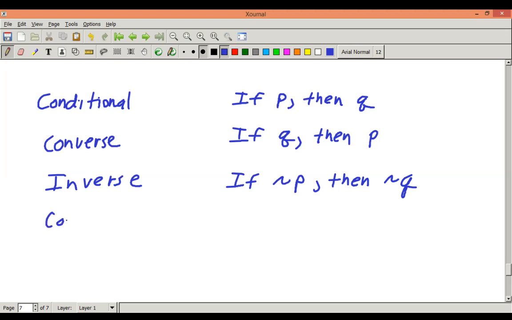And the last one we're going to look at is the contrapositive. To get the contrapositive, you look at the original conditional and you switch the hypothesis and conclusion and you negate both of them. So in the case of if P, then Q, now it's going to be if not Q, then not P.